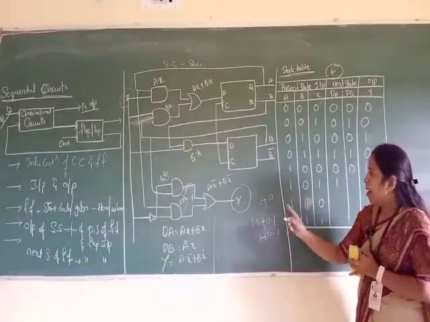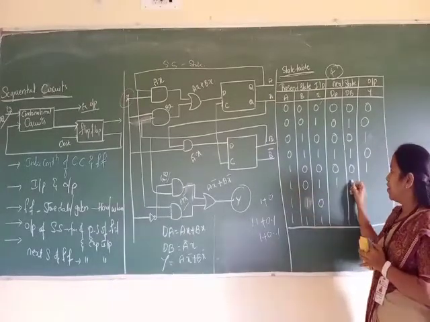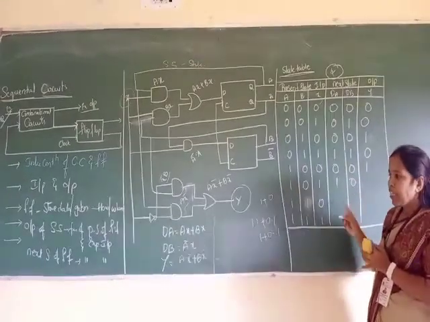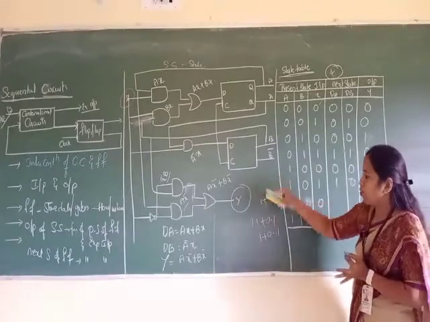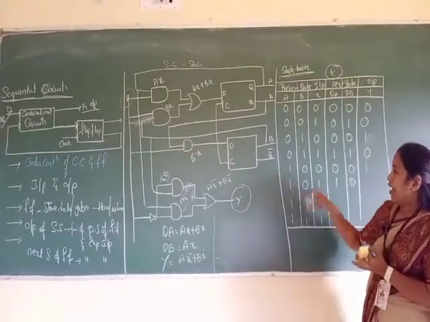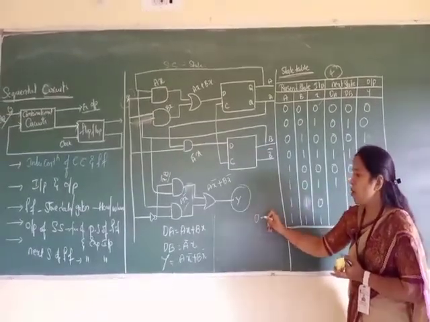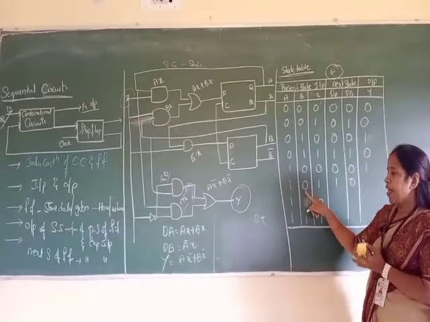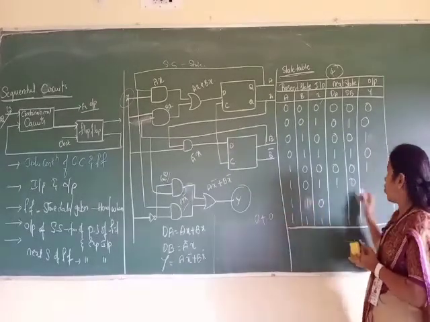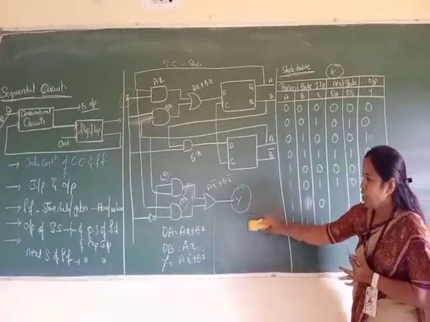A bar X. A bar is what? 0. 0 into 1, 0. Right? Next one is AX bar. AX bar is 1 into 0, 0 plus BX bar. BX bar is 0. Now what you are getting here? 0. Next one is 1, 1, 0.